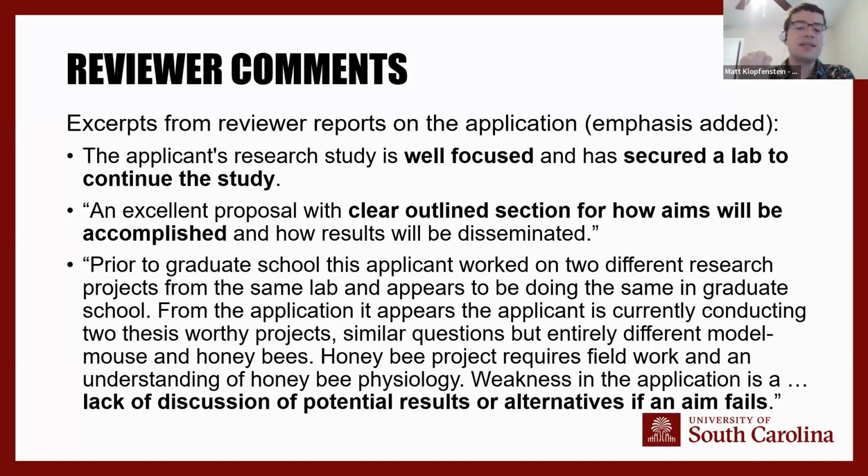I just highlight this here so that you can see that these are things that reviewers look for sometimes. They want to know, what do you think the potential results are going to be? They want to know, have you considered contingencies or alternatives if something doesn't go according to plan? So it's not just me telling you this. These are things that actual reviewers have noted in their comments on proposals, even successful proposals.